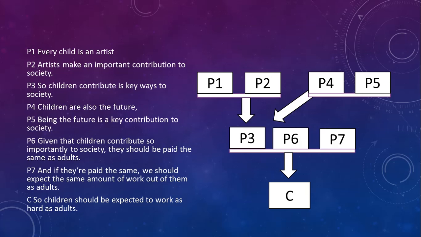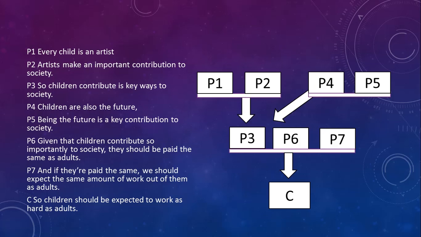Therefore, that can lead to the sub-conclusion that if they're paid the same, they should be expected to work the same. Therefore, the biggest conclusion, children should be expected to work as hard as adults. So they could be leading to that conclusion independently as well as dependently.